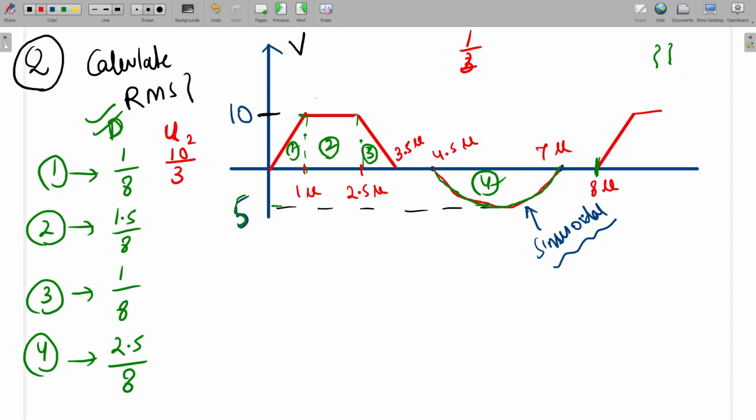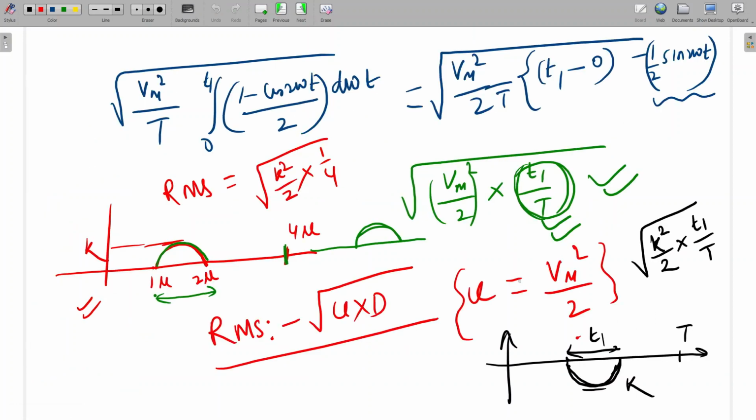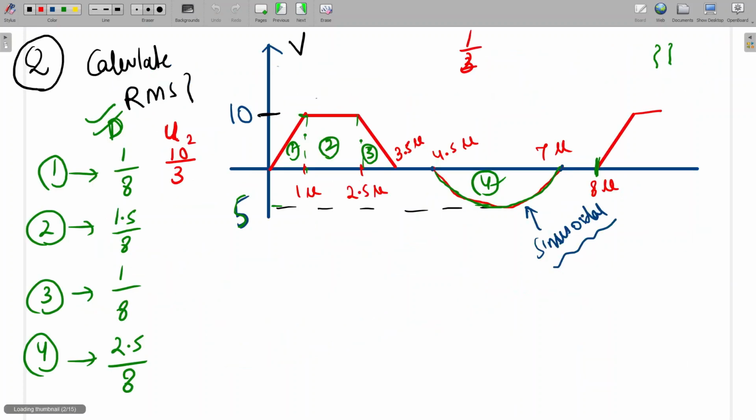So I have defined the U value for different kinds of waveform. For a sinusoidal waveform, what I have derived is that U is peak square by 2. Similarly, for a triangle waveform, U is peak square by 3. For constant, the value of U will be peak square.